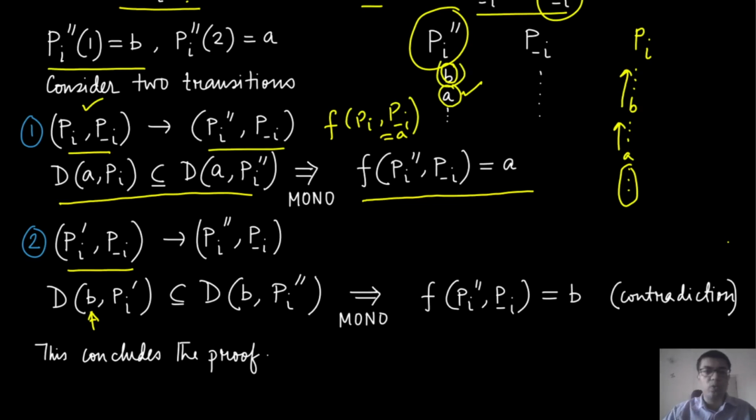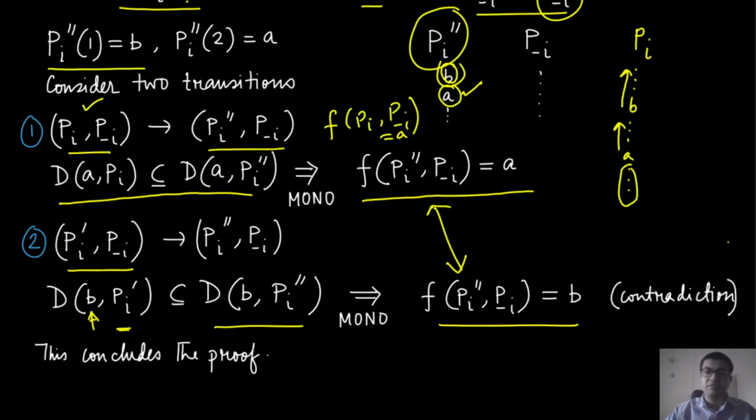So no matter wherever b is positioned in pi prime, the alternatives that were below b will continue to be below b in this new profile pi double prime. Now using monotonicity, this outcome will be equal to b, the social choice outcome at the same preference profile pi double prime p minus I, that should be b, and this is a contradiction.